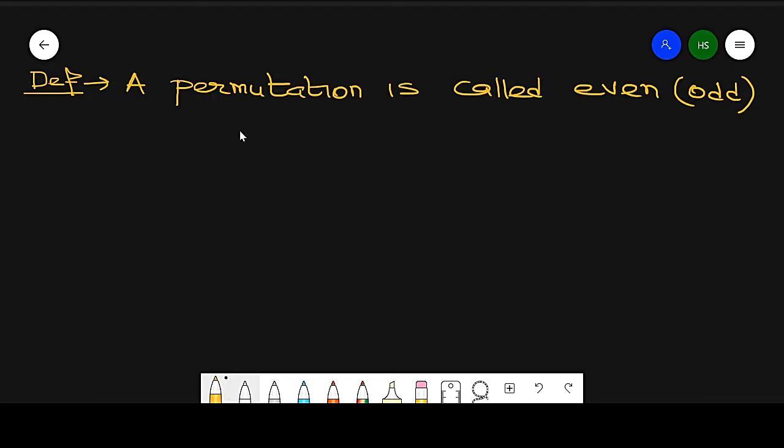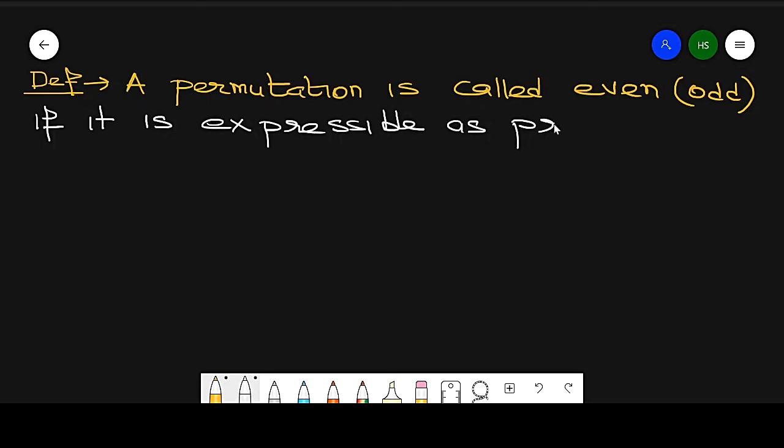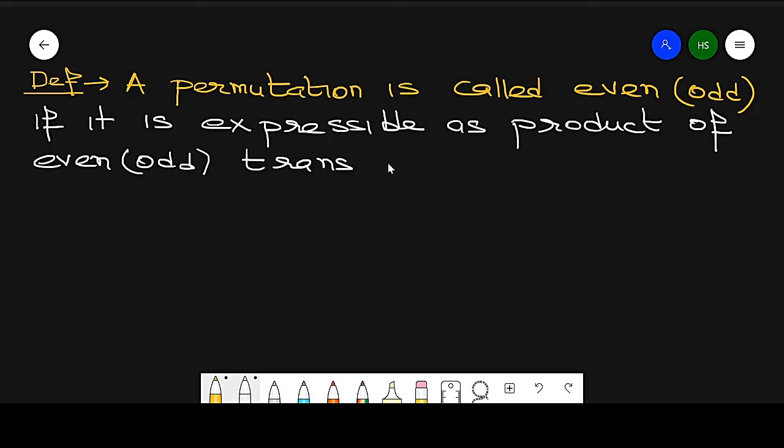A permutation is called even if it is expressible as a product of even transpositions.